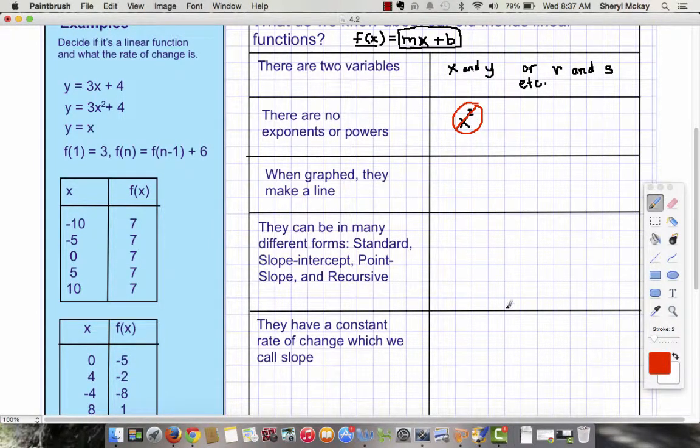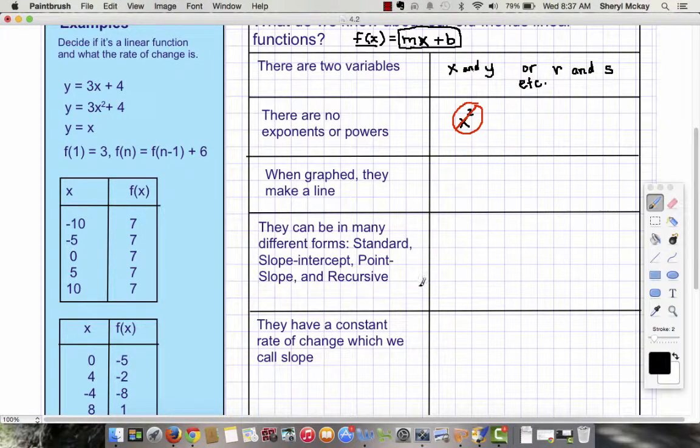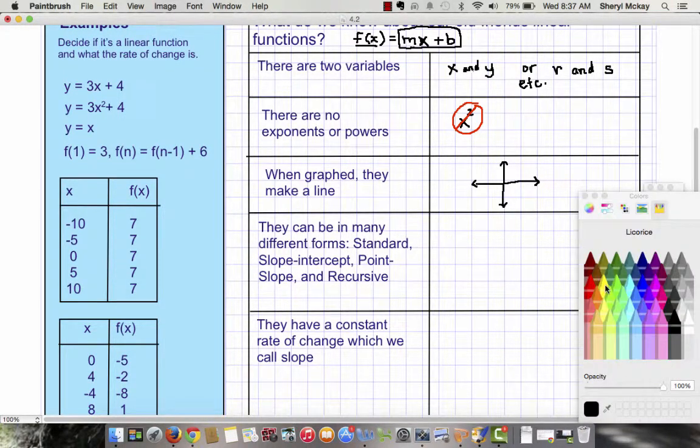Now, the other thing that we know about linear equations or linear functions is that when we graph them, if we plot the points for x and y, we end up with a line. If we plot the points, it's always going to be a line.